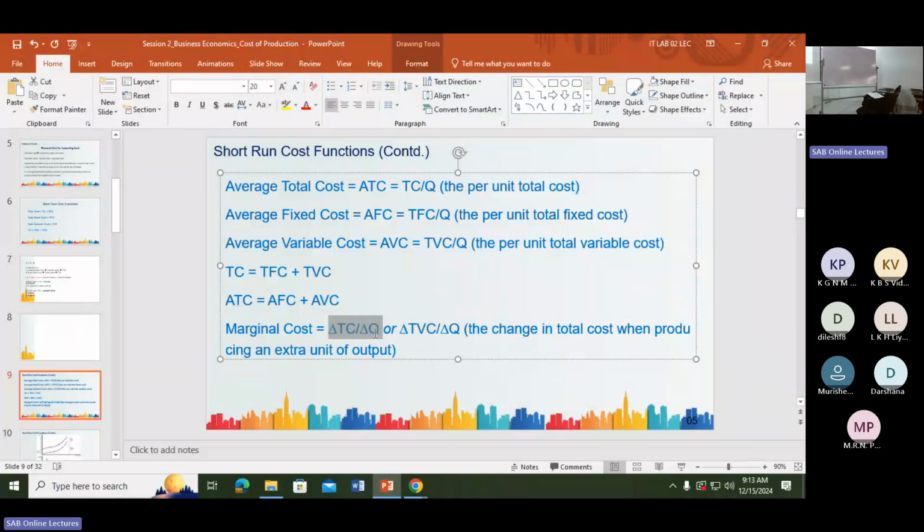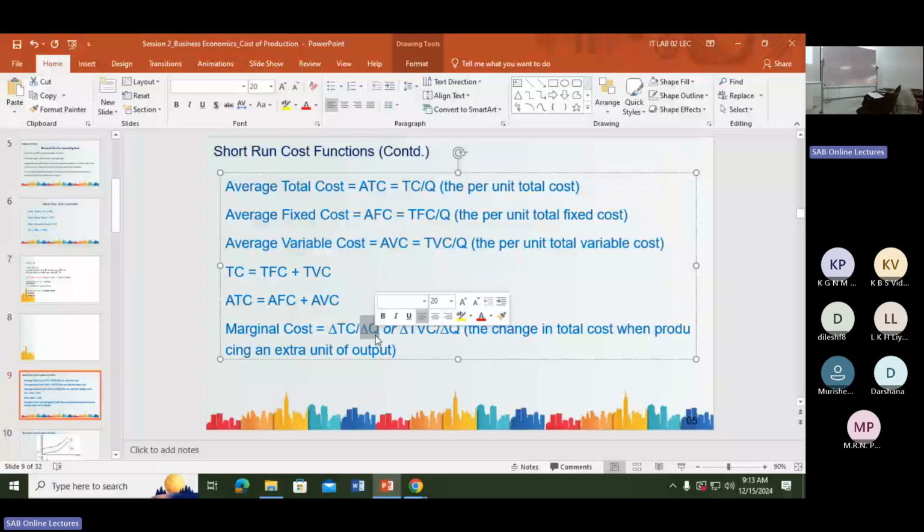So we calculate it by taking the change in total cost divided by the change in output level.